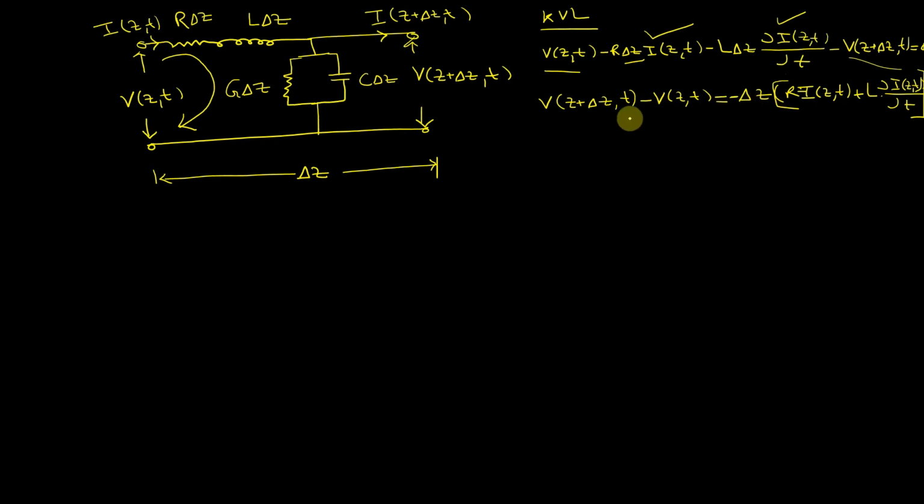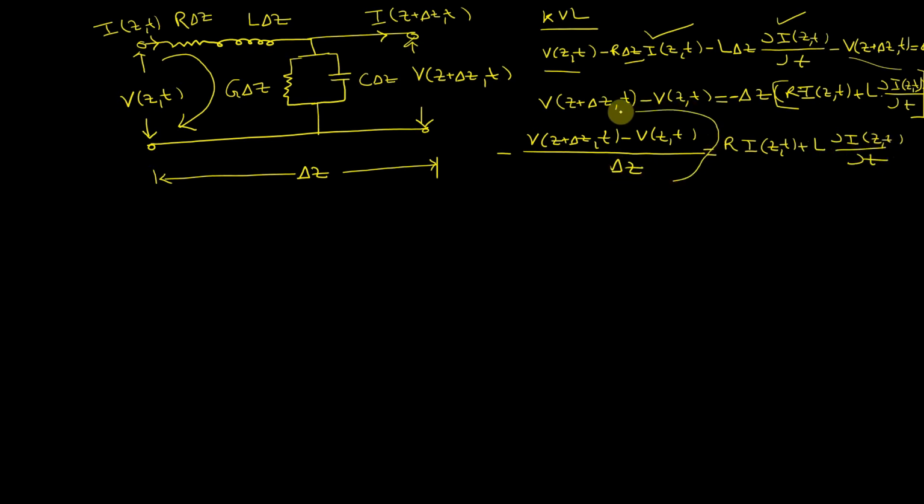Now take this delta Z to the left hand side. You can write V(z+delta z, t) minus V(z,t) divided by delta Z, with a minus sign, equal to R I(z,t) plus L curl I(z,t) divided by curl T. And what is the left side?